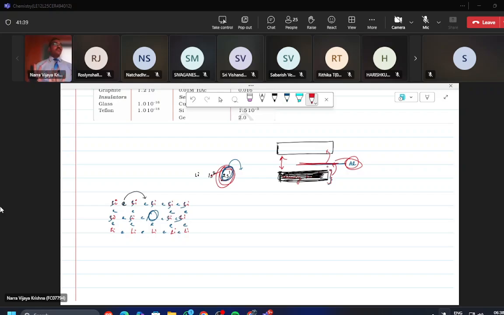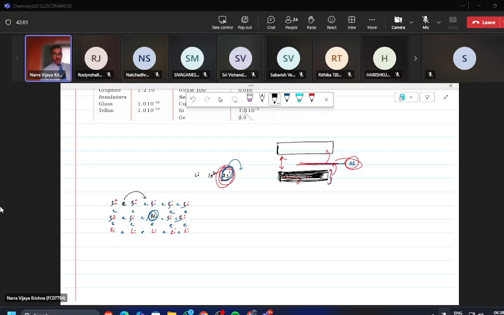For example, what is the valency of silicon? 4. Around silicon, 4 valence electrons will be there. Now, this is the carbon family: carbon, silicon. If I take aluminum, what is the valence electrons of aluminum? 3 only.